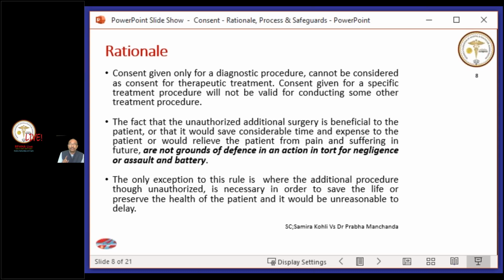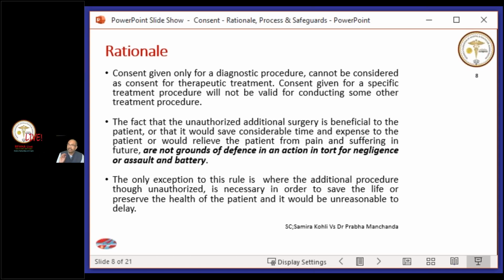There is only one exception that the court has stated in its decision. The only exception to this rule is where the additional procedure, though unauthorized, is necessary in order to save the life or preserve the health of the patient, and it would be unreasonable to delay.